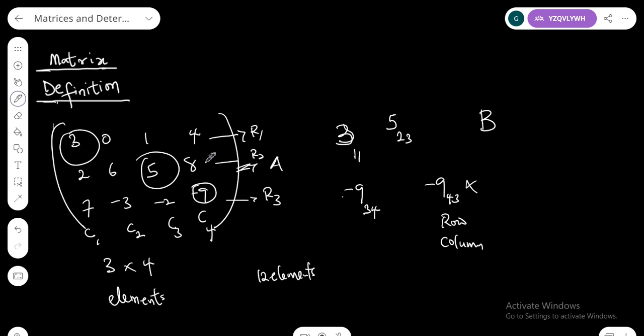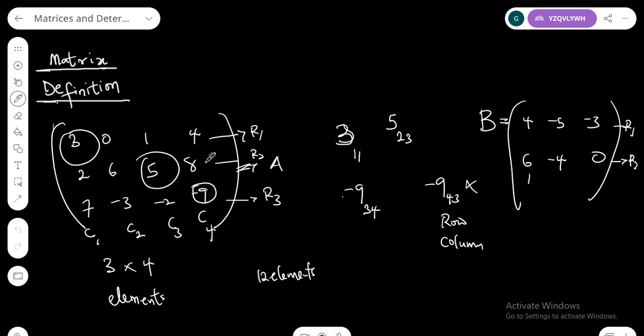Let's do another matrix, for example, matrix E, which is equal to 4, -5, -3, and then 6, -4, and 0. If you look at this matrix, how many rows does it have? Row 1, and then row 2.